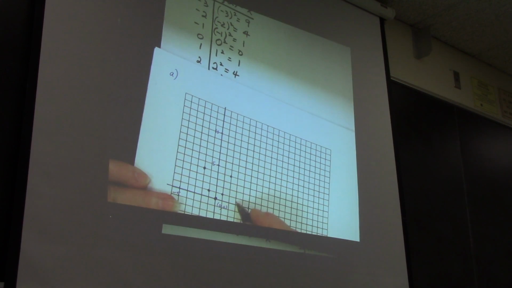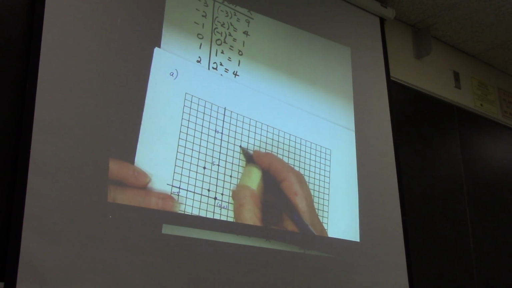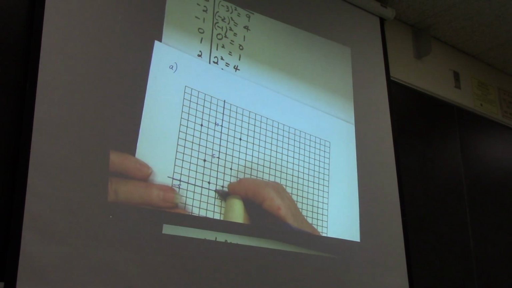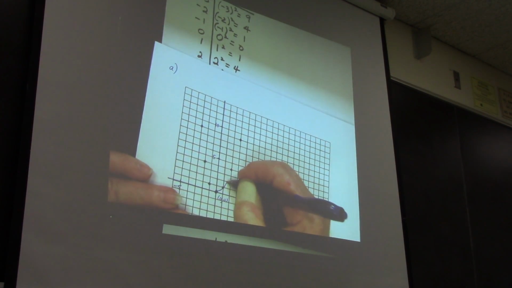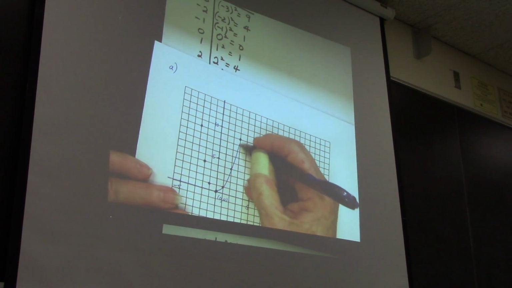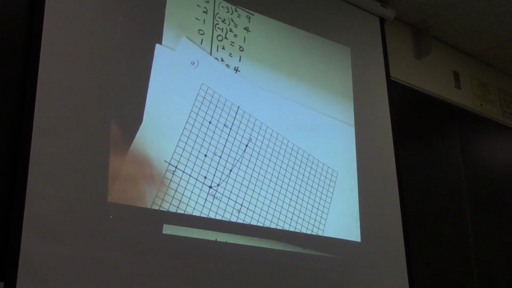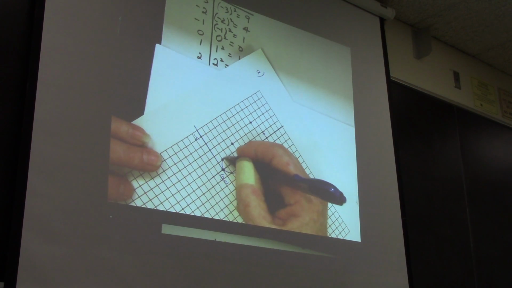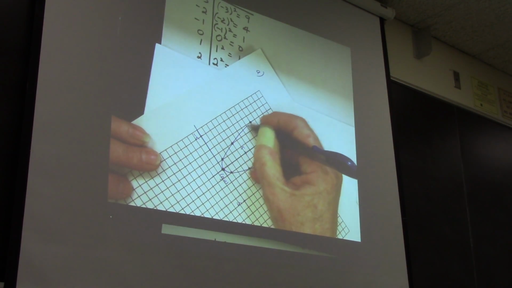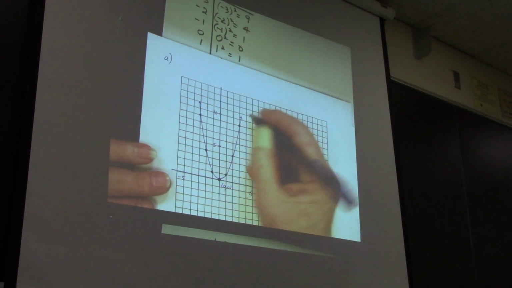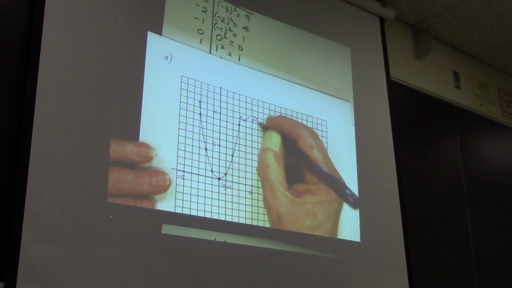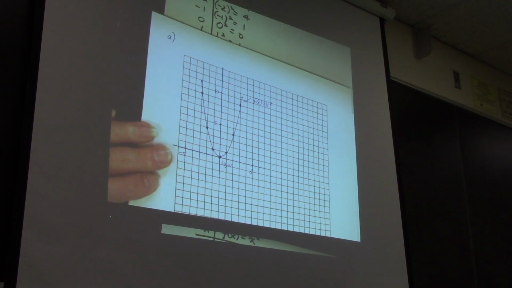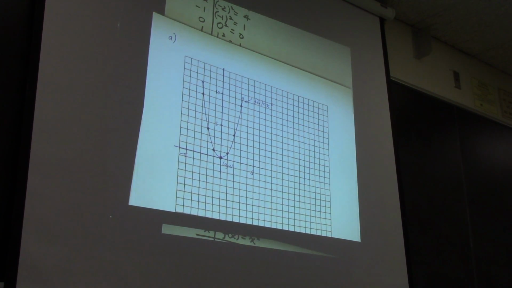And then I have 3, 9, and negative 3, 9. I want you to be that familiar with the graph that you can just plot those points without even having to make your table of values. So this is our simplest possible parabola, simplest possible quadratic function.